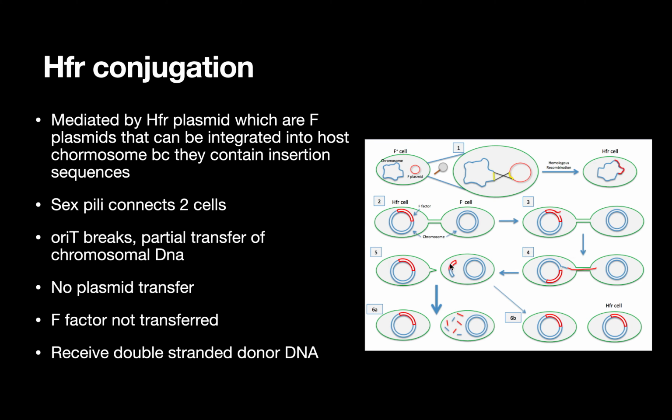There's going to be receiving the double-stranded DNA, and then it's going to be integrated into the new cell. So in this case, from 3 to 6A, this only occurs if this is not compatible with this, so it just gets degraded. In some cases, there's a nick, this opens up, gets transferred over, and then now you have the partial chromosomal DNA.